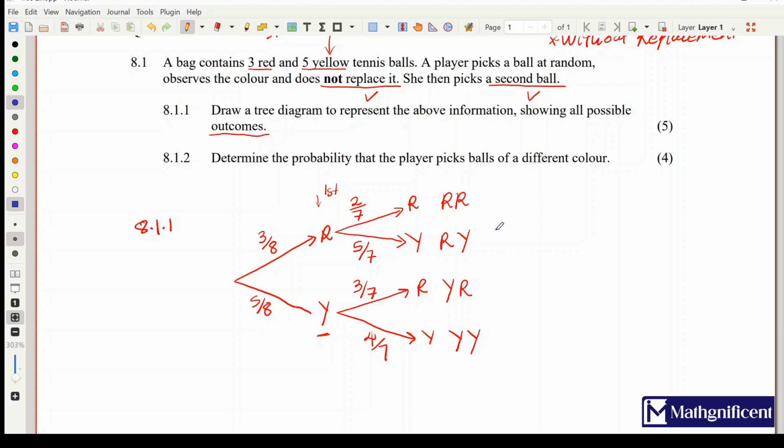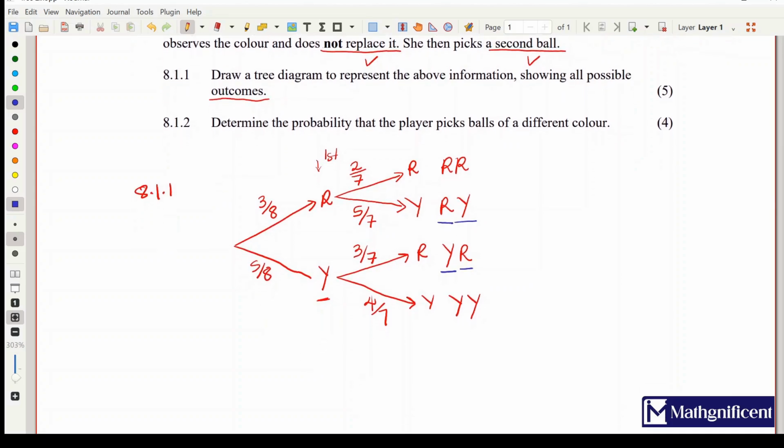And how is that going to happen? Either a red ball comes first, then a yellow ball. And another scenario is that she picks a yellow ball first and then a red ball as the second ball. So how would we try to answer this question?